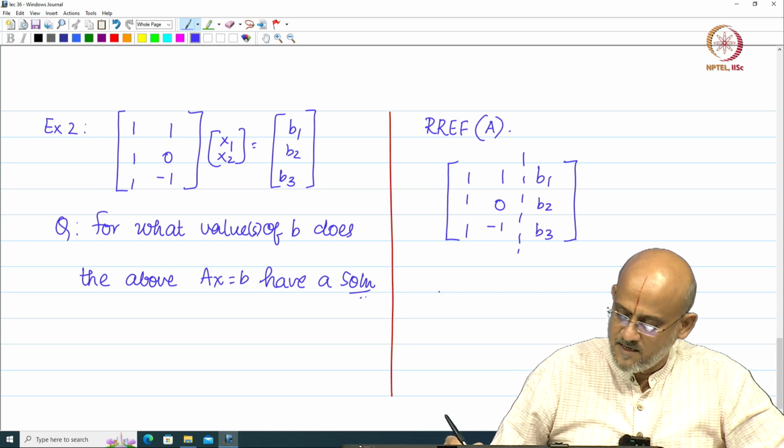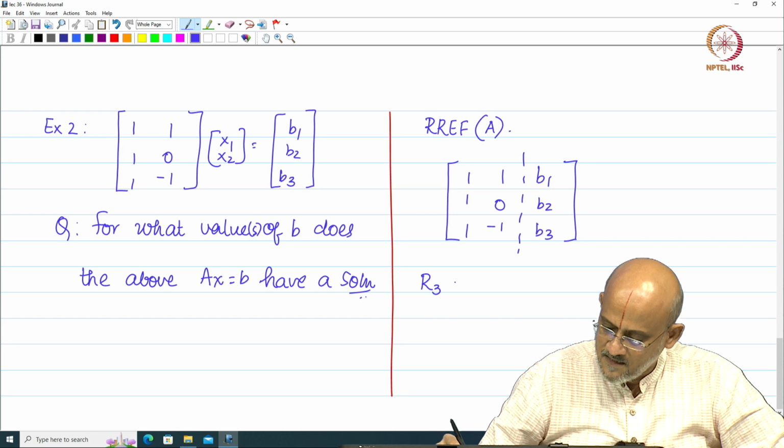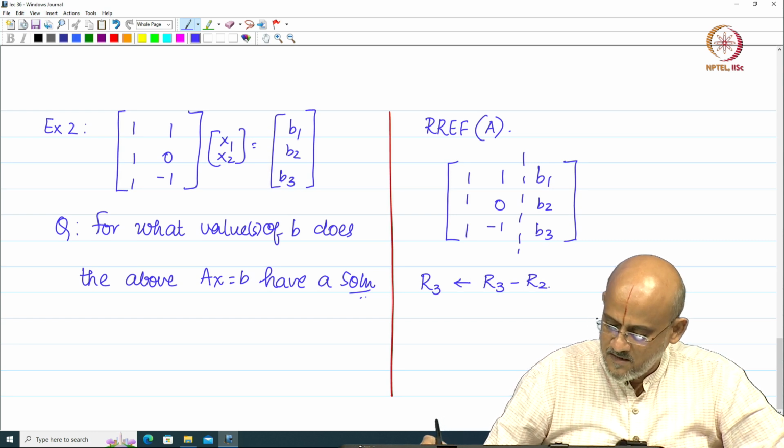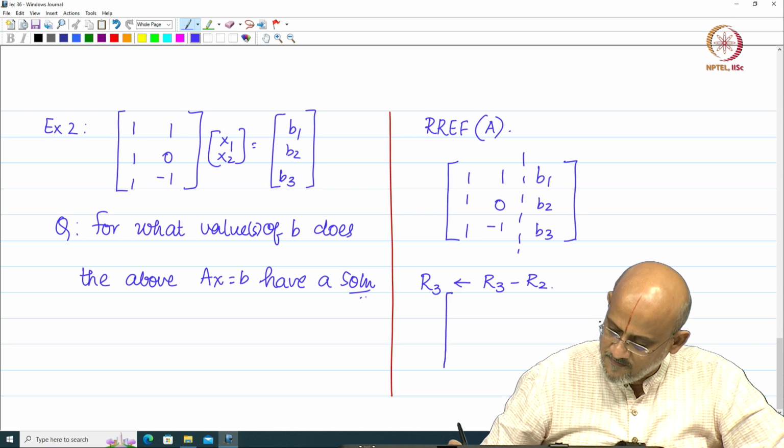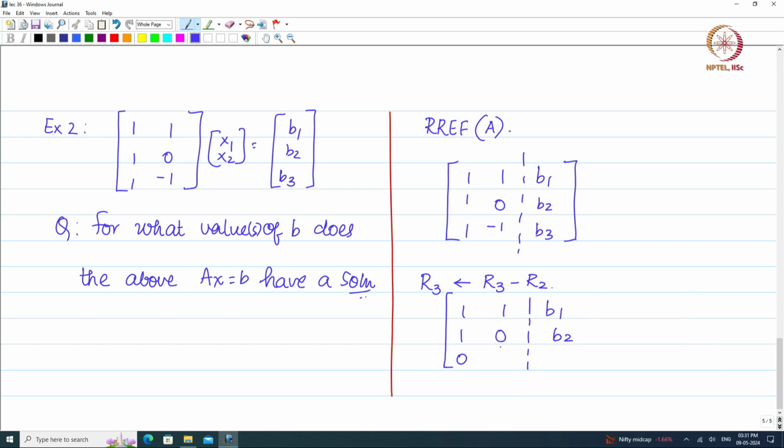Now the first thing that I can do is take R3 to be R3 minus R2. So I can get this 1 1 and that is B1, 1 0 B2, then I have 0 minus 1 plus 0 is minus 1, so this is going to be B3 minus B2.